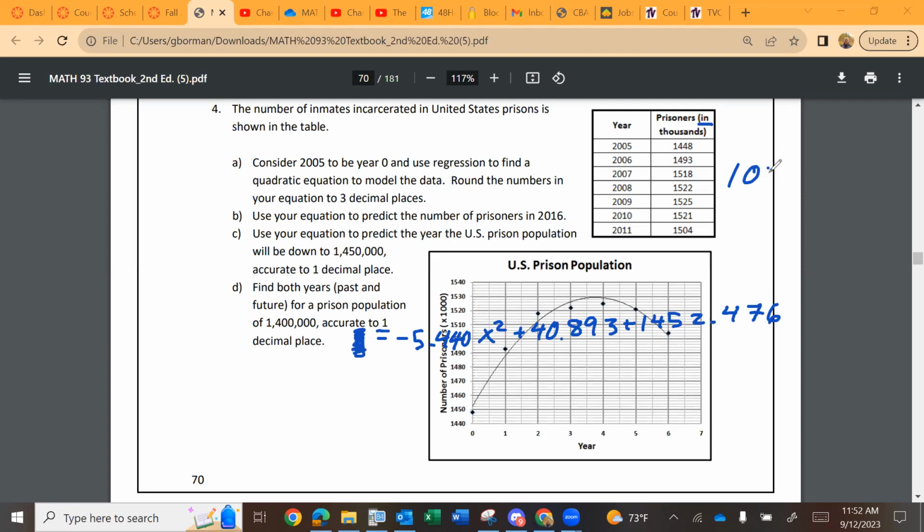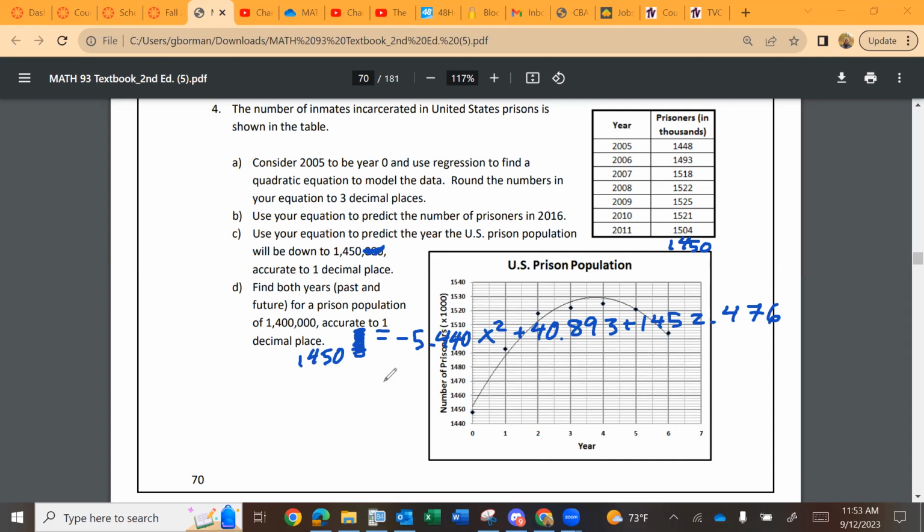Since 1,000 has 3 zeros, I'm going to knock off those last 3 digits. So 1450 is my y value, for 1,450,000 prisoners. That's step 1.